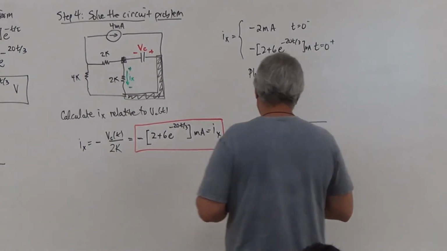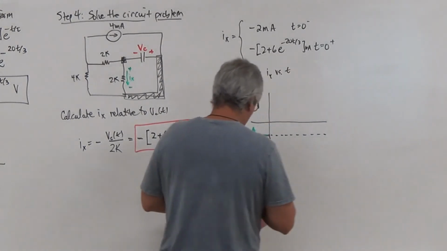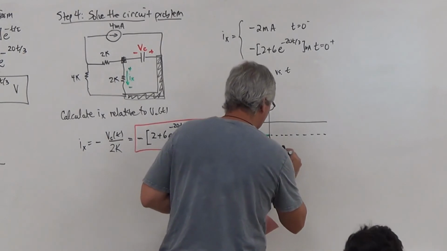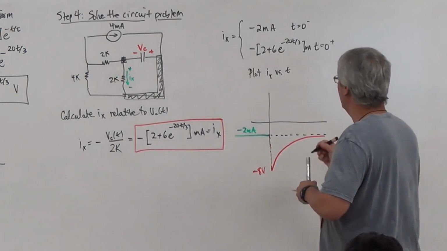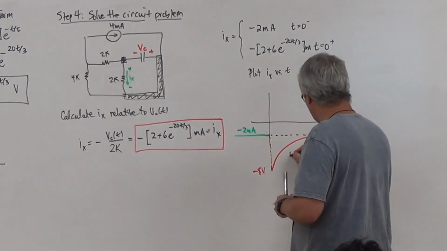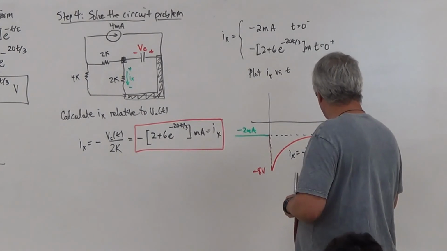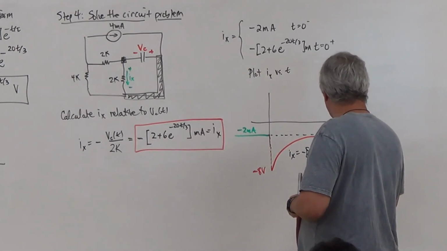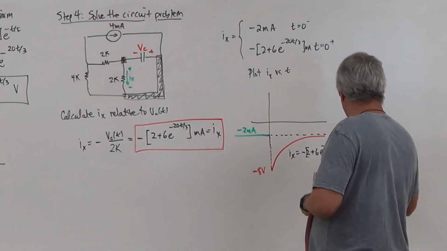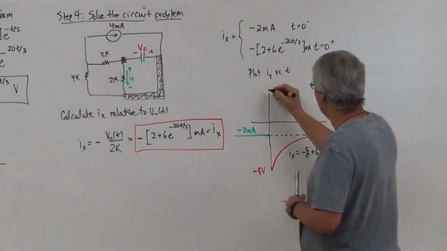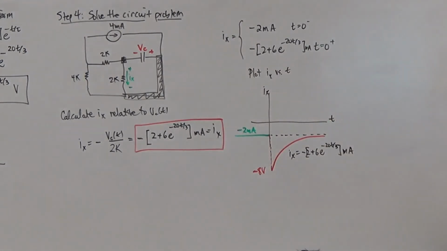So then if I look at this line right here, this guy then does this thing. And what is this equation? Well, this equation is what? Ix equal to minus 2, minus 6 e to the minus 20 t. So this is plotting Ix of t for all times here.